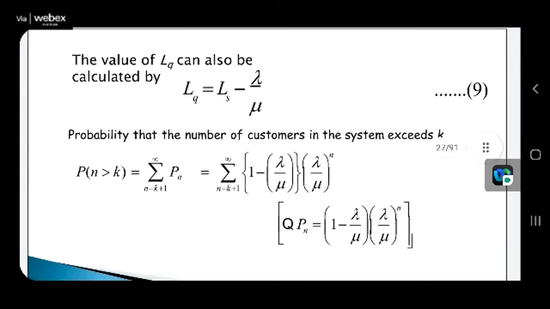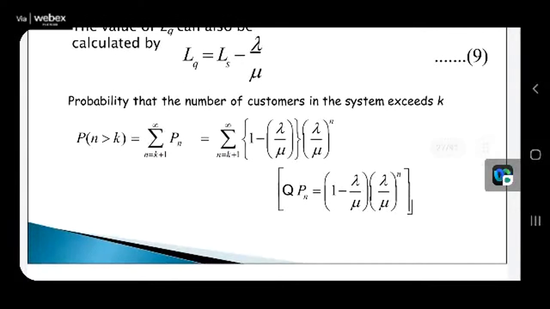Now, if you want the probability that the number of customers in the system exceeds k, say for example, that means n should be greater than k, because the number of customers should be more than k. That means summation n is equal to k plus 1 to infinity.